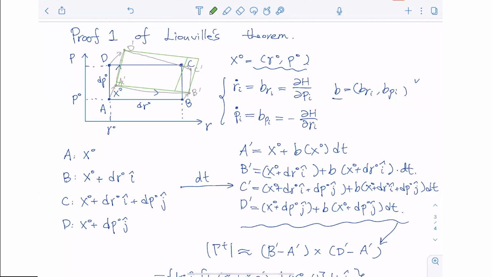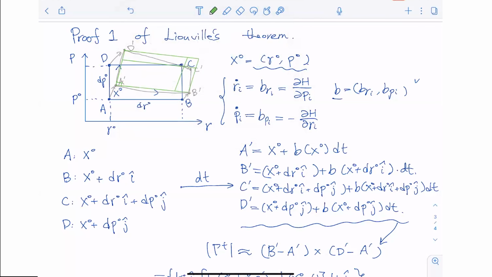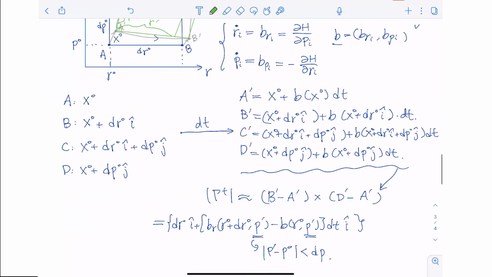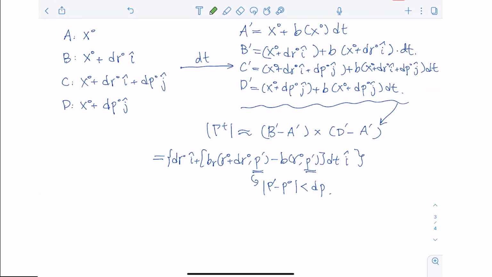Maybe you should cut it to be a smaller piece, and maybe this is the correct p prime value. Oops, I think I labeled it wrong. R prime value, and this is the correct p prime value. Okay, so that's the approximation, or the conceptual idea of what the meaning of this line is.